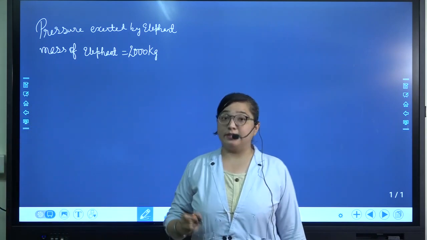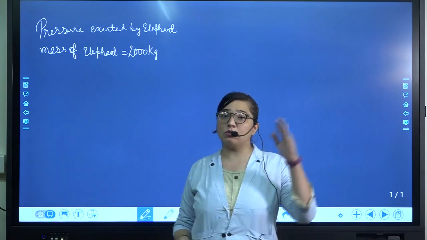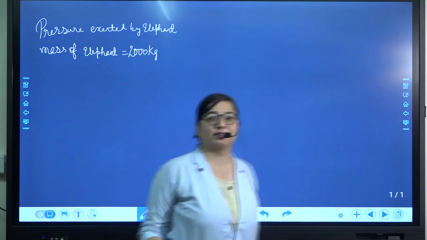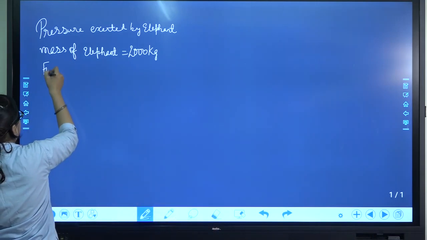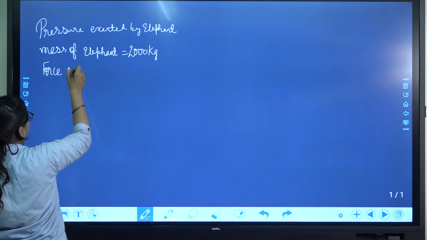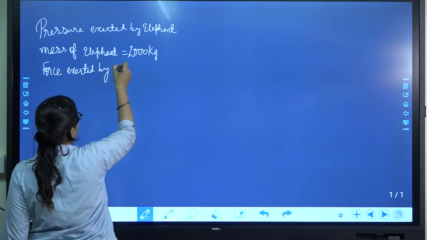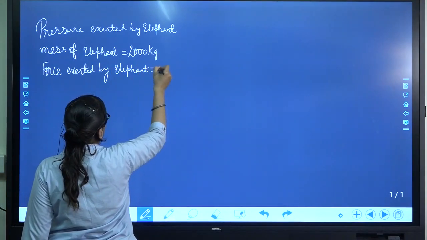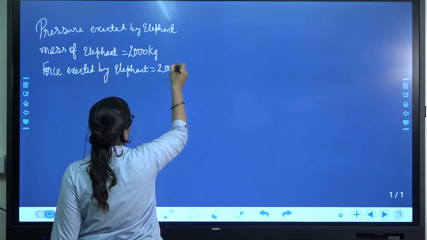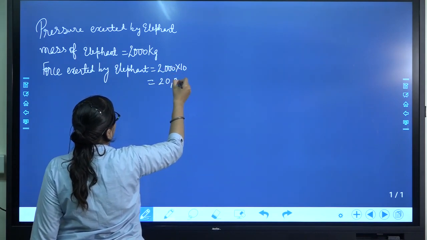The force will be 2000 multiplied by 10, which is 20,000.